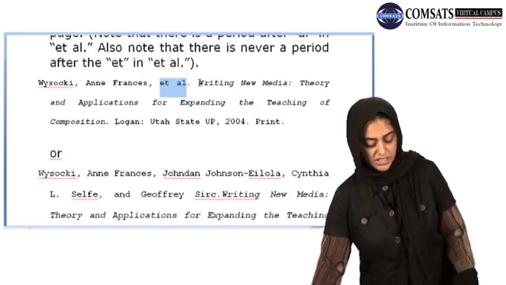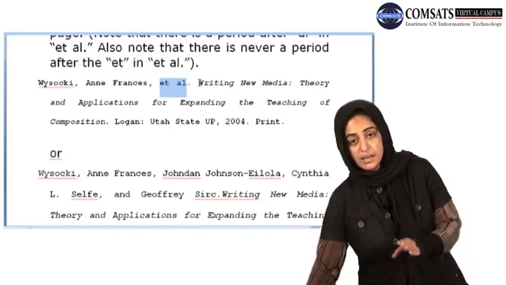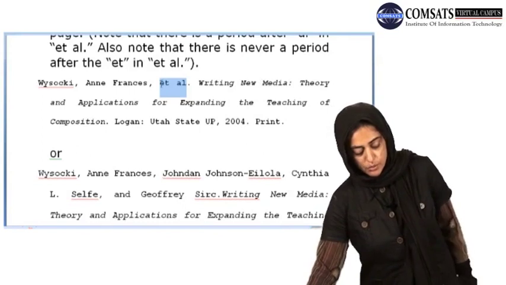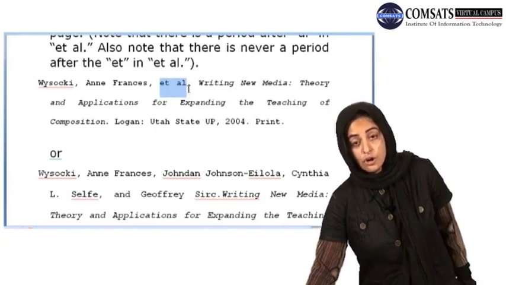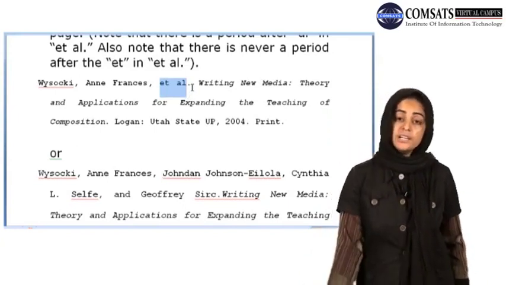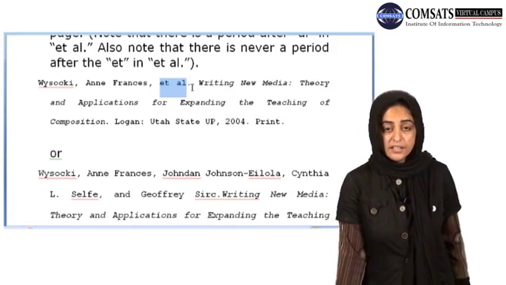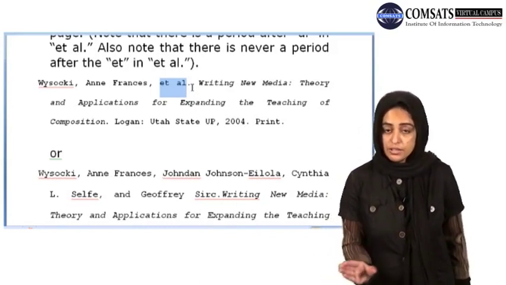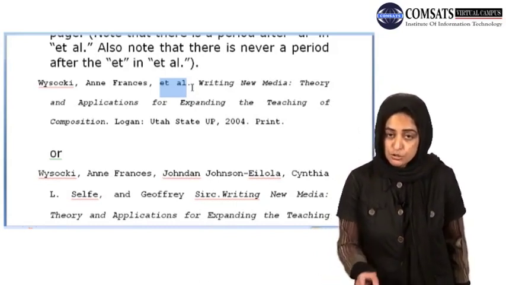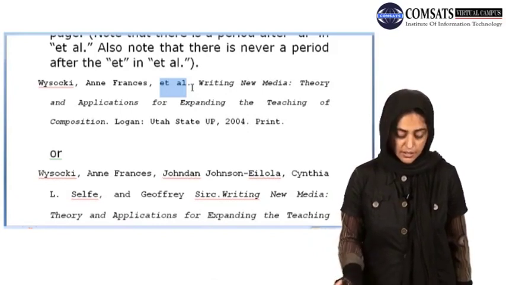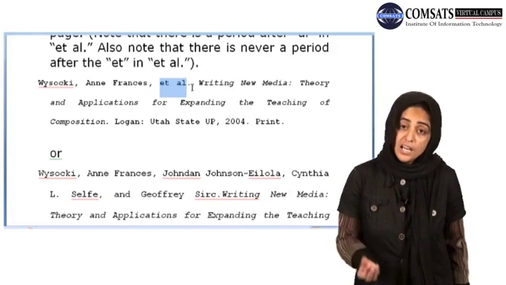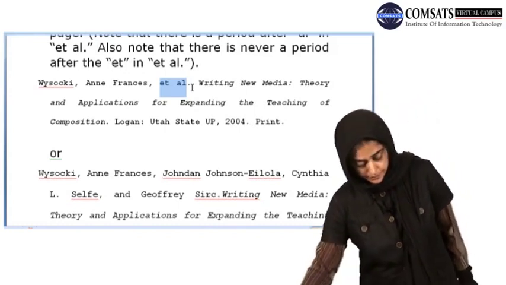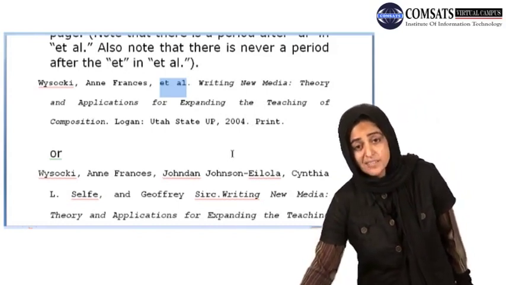You cannot write it with a capital E, capital T, capital A, capital L. It should always be in small letters. Et, then a space, then al, and then a dot after al. This format is a must. You should not give any variations to this format because it's not recommended, plus not allowed officially. This is the way it should be followed as such.